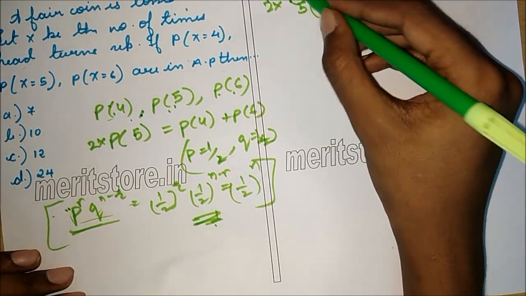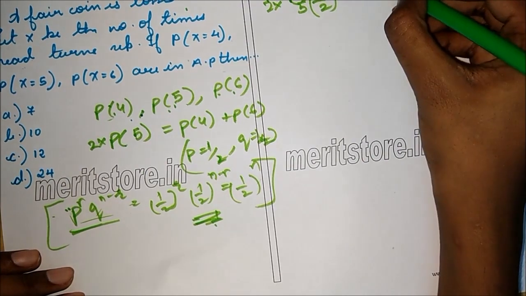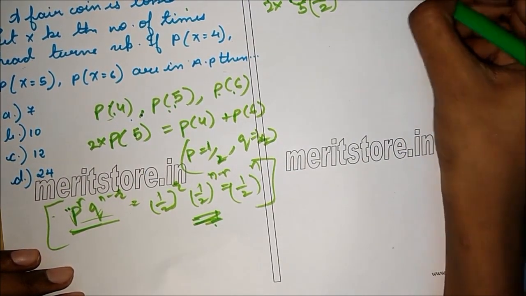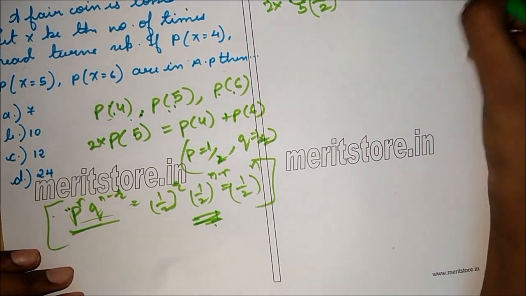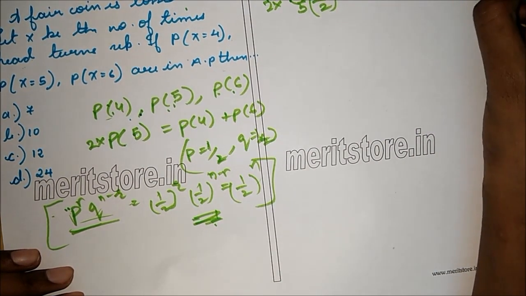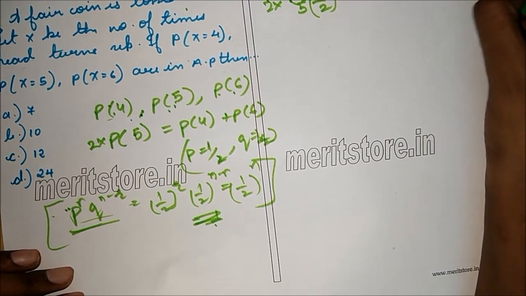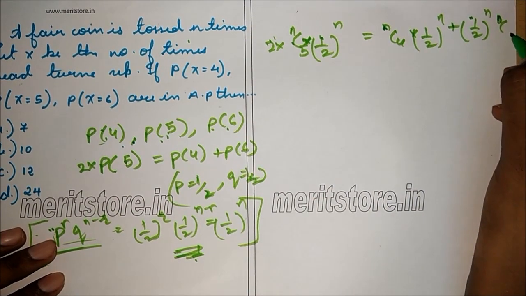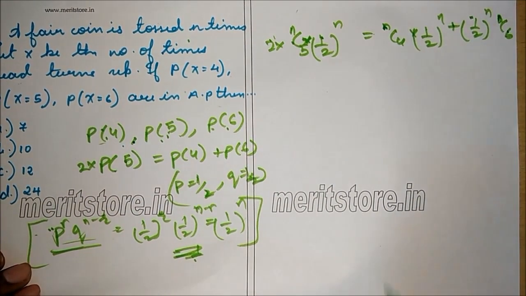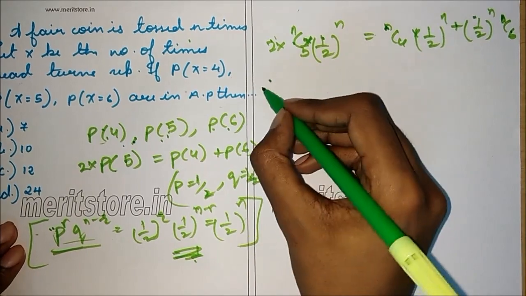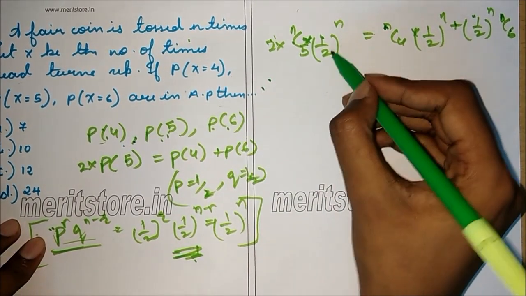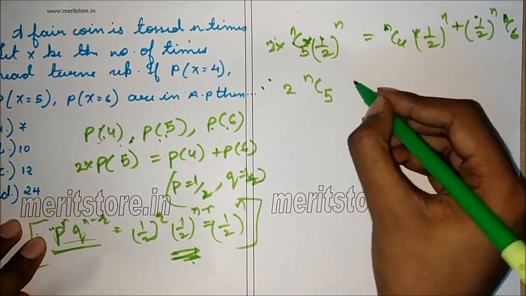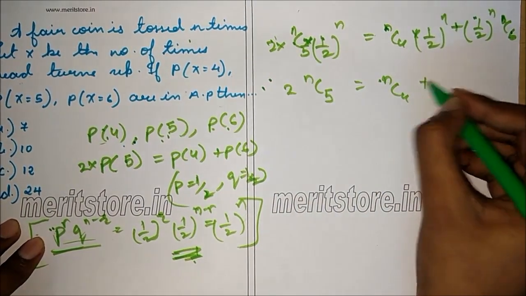So this will be 2 times nC5 half raised to n is equal to p of 4, that is nC4 into half raised to n, plus p of 6, that is half raised to n into nC6. So half raised to n gets cancelled throughout the equation. So this will be 2 times nC5 equals nC4 plus nC6.